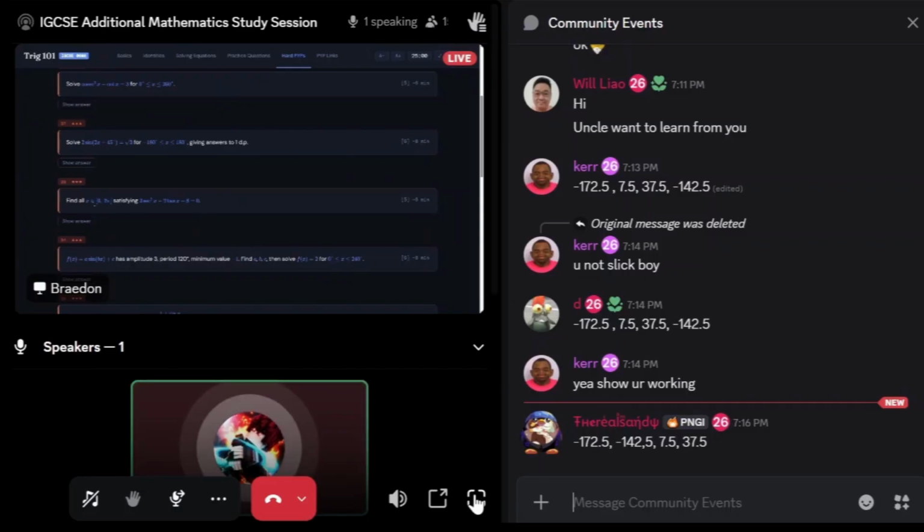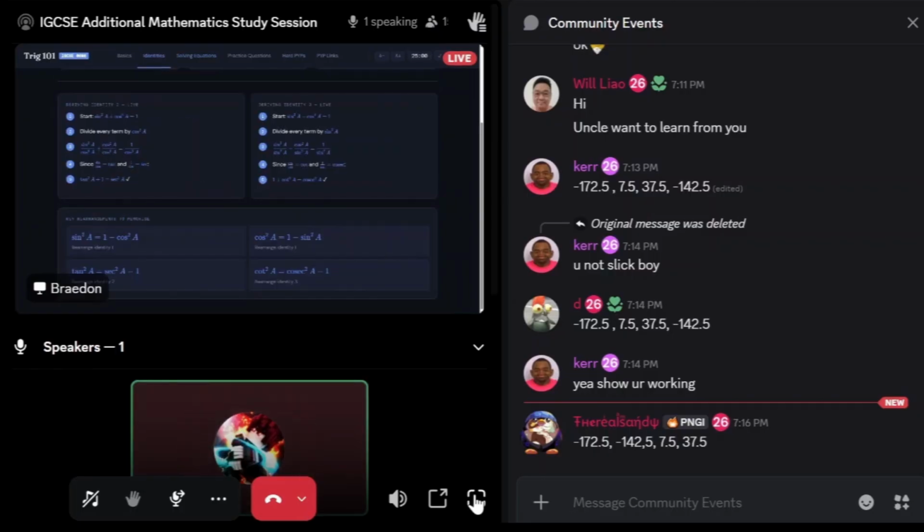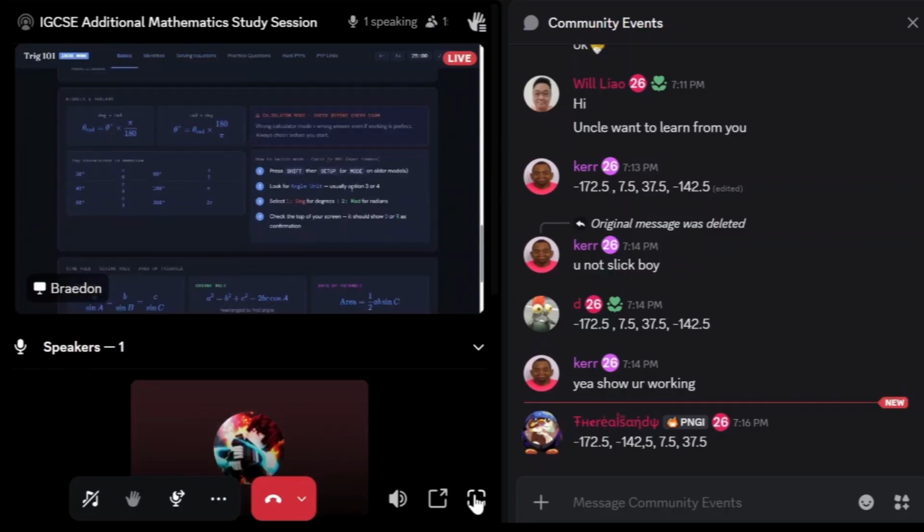But this one's a bit different. The answer needs to be in radians. So let's check back on my tip here. This is how you change your calculator mode into radians, because just now the domain was between 0 and 2 pi. And you know 2 pi is 360 degrees. But yeah, change your mode into R, which is radian mode.